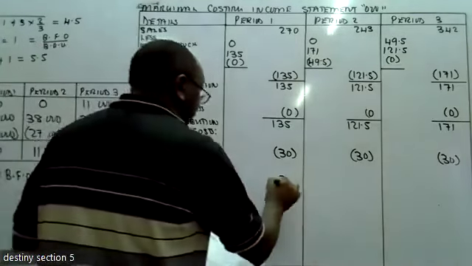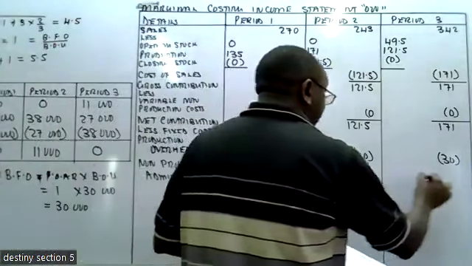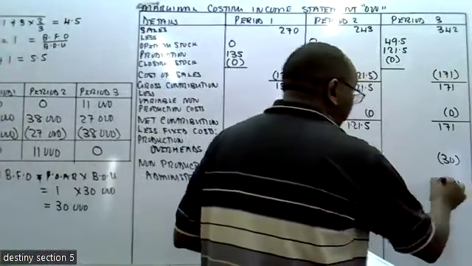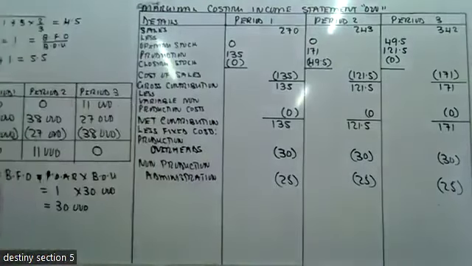So here you put 25, 25, 25. So that is all.